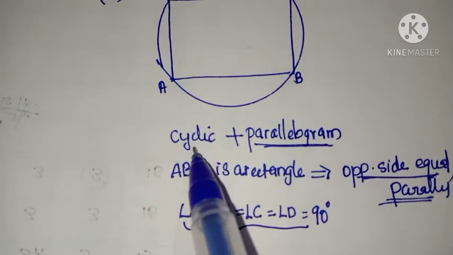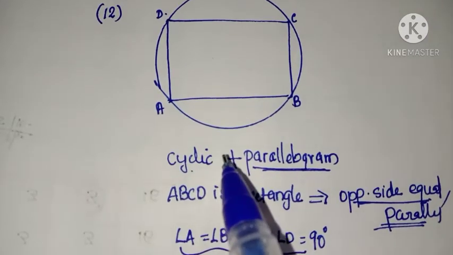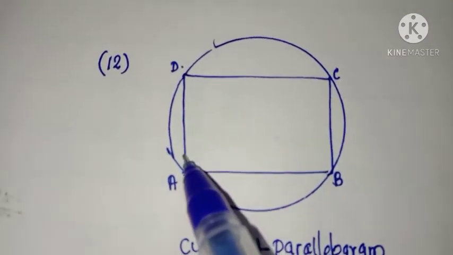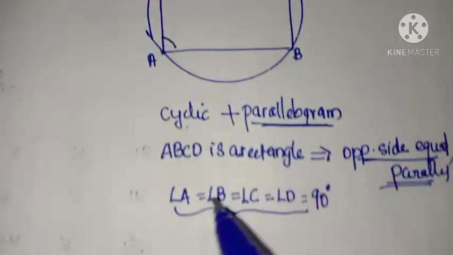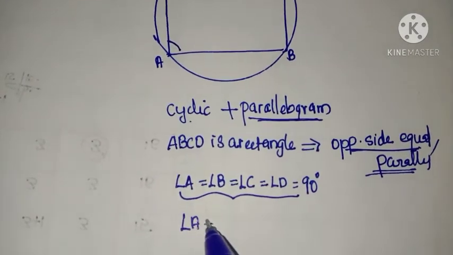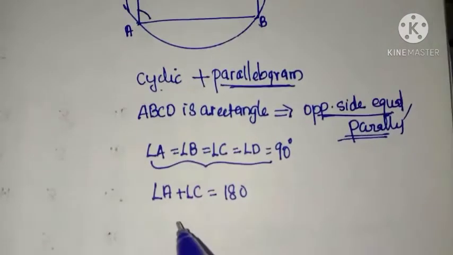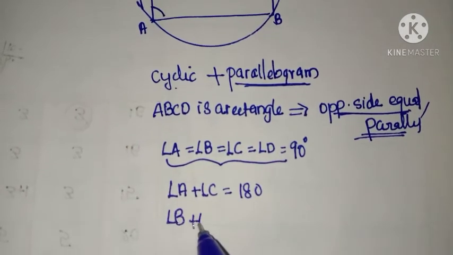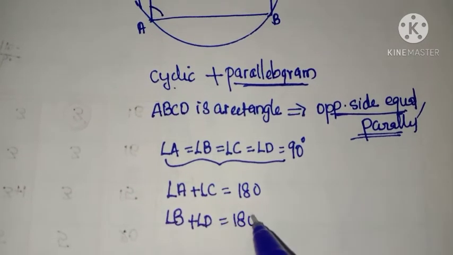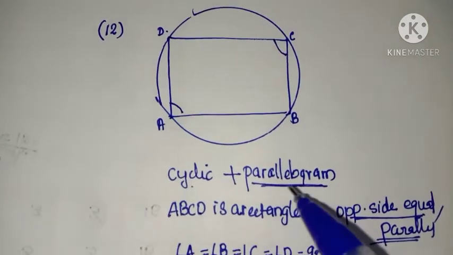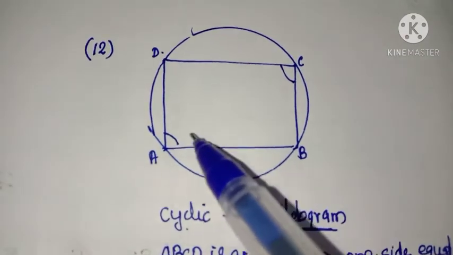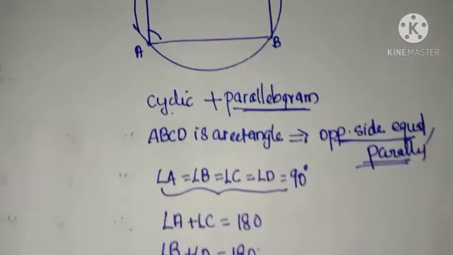Now listen, ABCD is a cyclic quadrilateral also. Cyclic means opposite angles are supplementary. That is, angle A plus angle C is equal to 180. Similarly, angle B plus angle D is equal to 180. Okay, because of cyclic. Now parallelogram. Parallelogram means opposite angles are equal.